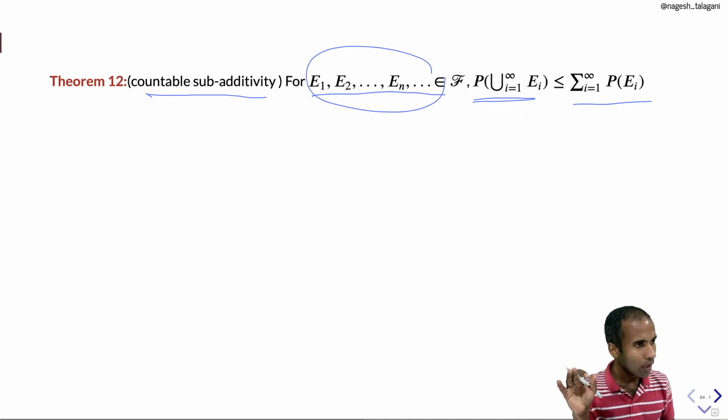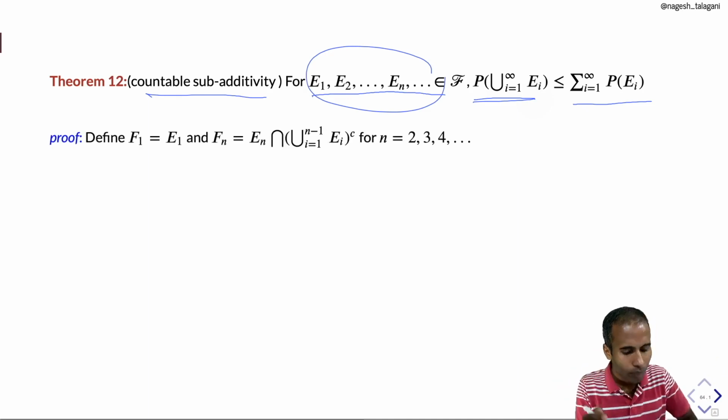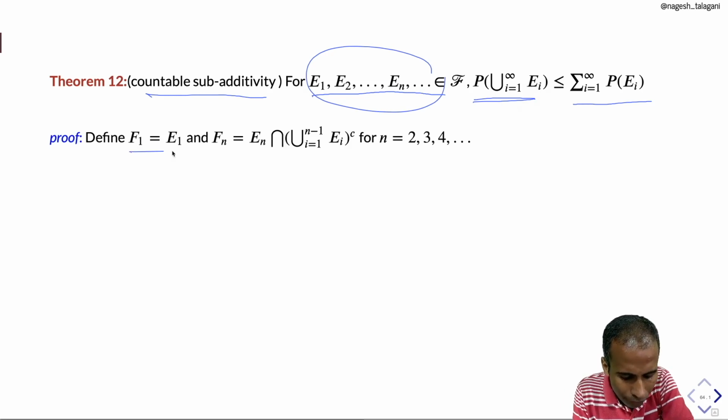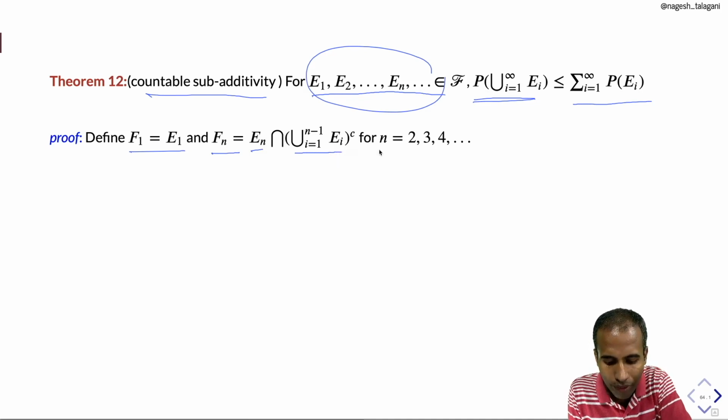That is the idea. This is how we define the new collection of events. We define F1 exactly the same as E1, but Fn is equal to En intersection the complement of the union for i equal to 1 to n minus 1 of Ei, for n equal to 2, 3, 4, and so on.